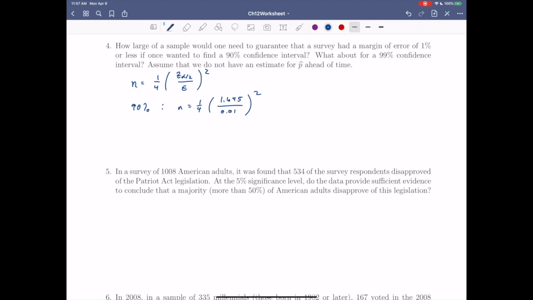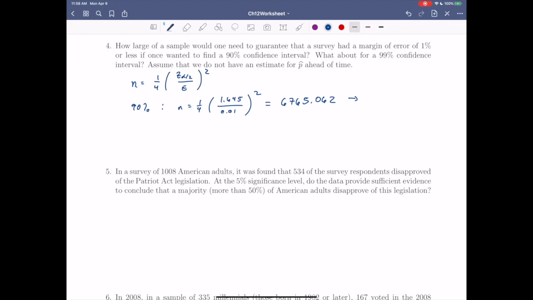And it turns out when we actually square all this for n, we end up with 6,765.062, which means that the minimum sample size that we need to have a margin of error of at most 1% would be whatever this is.